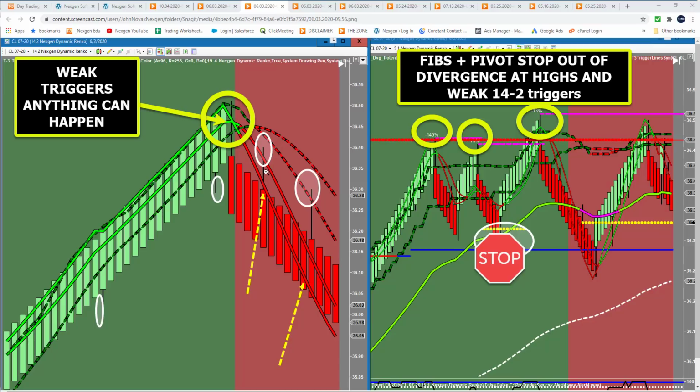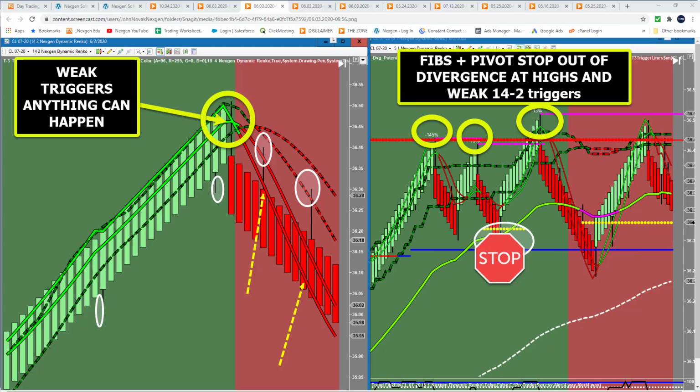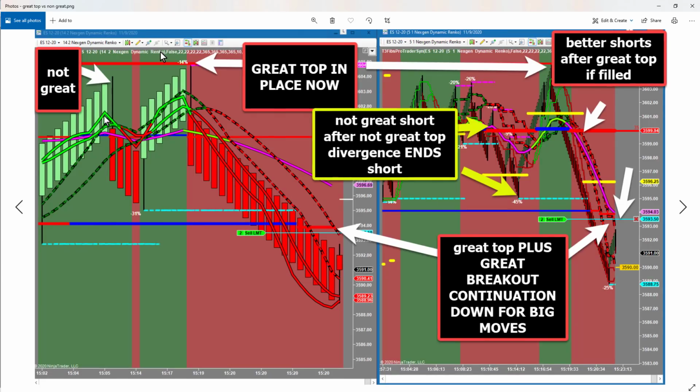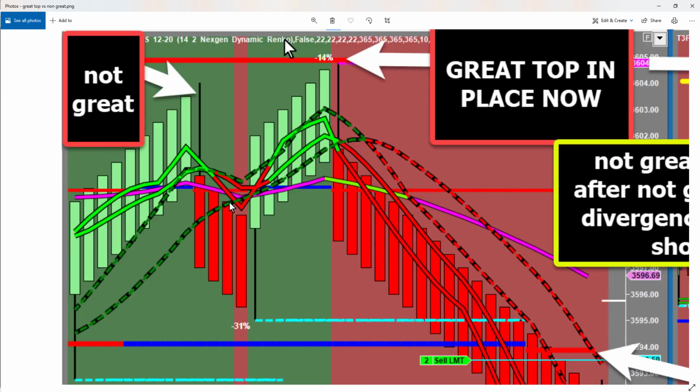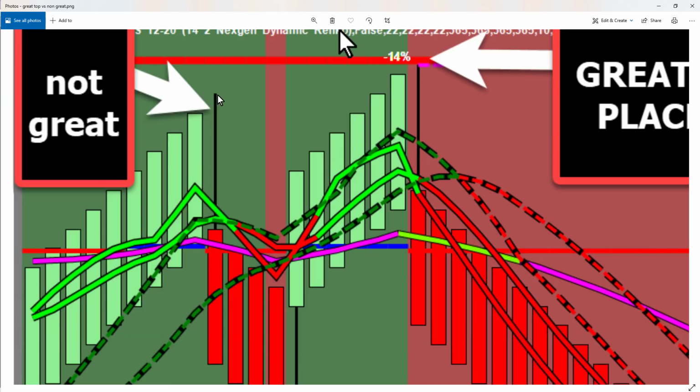And the hope is, and what you'll find and what we have found, and I think everybody who's had our software for years will agree, that, look, this was a picture from yesterday. And I want to give you an example of what we're going to do so you can see it. So this was a potential top that was made, but it wasn't a great top.